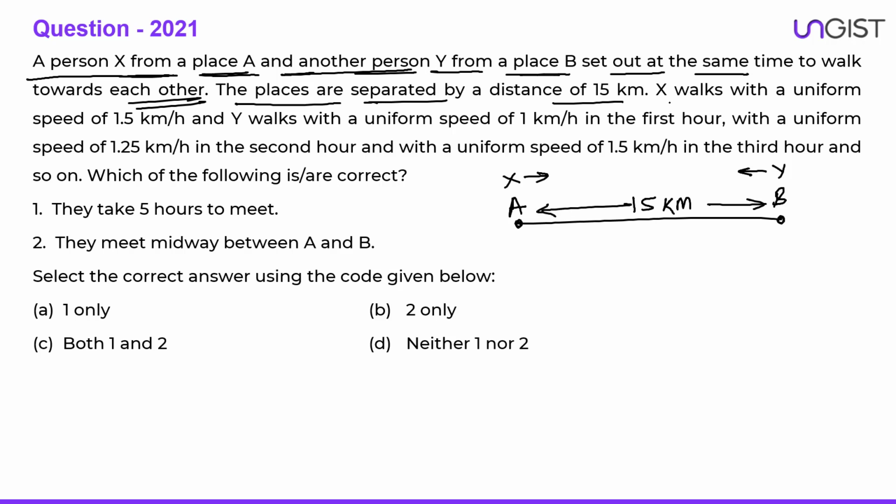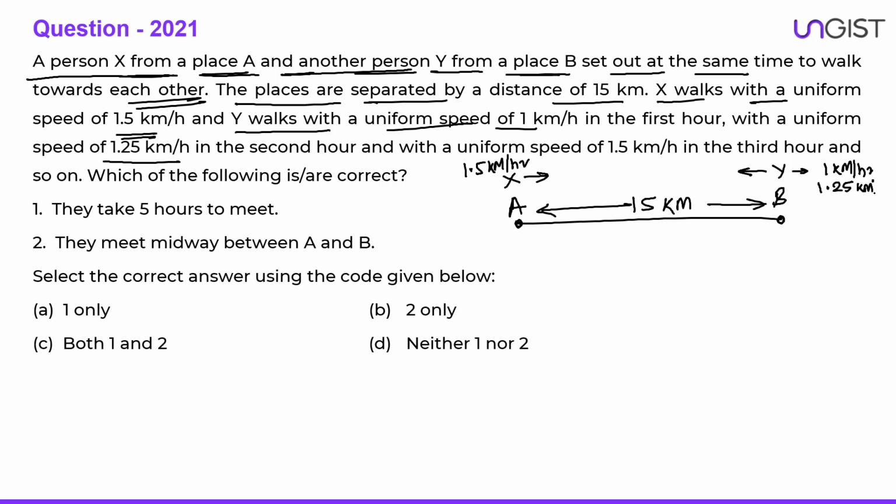X walks with a uniform speed of 1.5 km per hour. The speed of X is given as 1.5 km per hour. And Y walks with a uniform speed of 1 km per hour in the first hour, and with a uniform speed of 1.25 in the second hour. So in the second hour, he increases his speed.